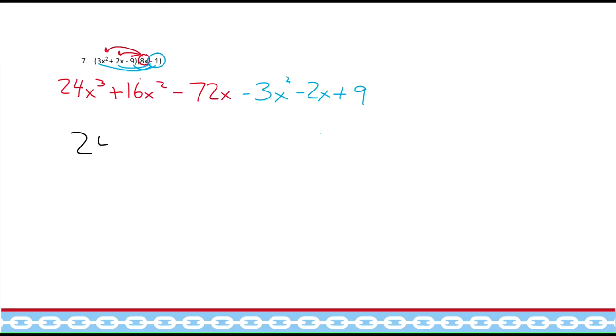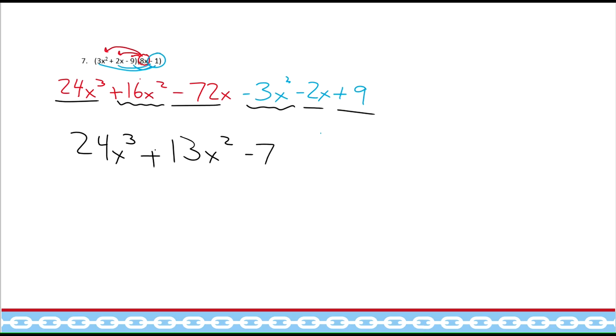If you do things right, your first term won't have anything to combine with, and your last term will also not have anything to combine with. So looking for x squareds, 16x squared minus 3x squared is plus 13x squared. And negative 72x minus 2x would be negative 74x. And then plus the 9.